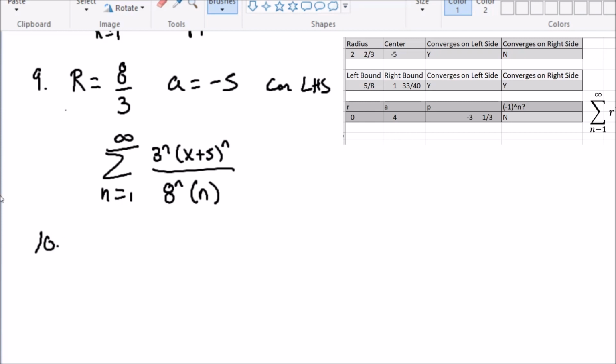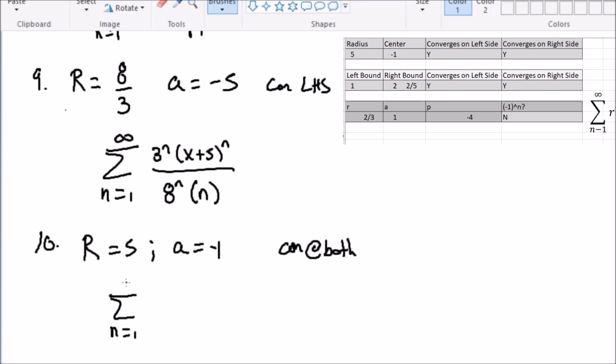And then finally, in this set of problems, we've already had radius equals 2 a whole bunch. Let's do this. There we go. All right, this is a good problem. Radius equals 5. Center equals -1. Converges at both endpoints.